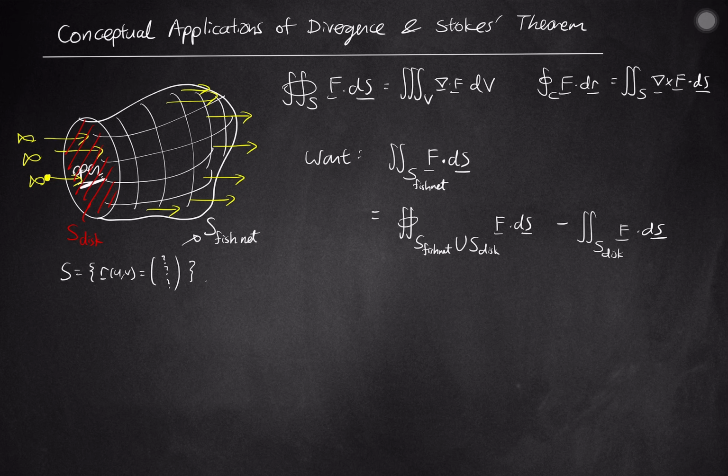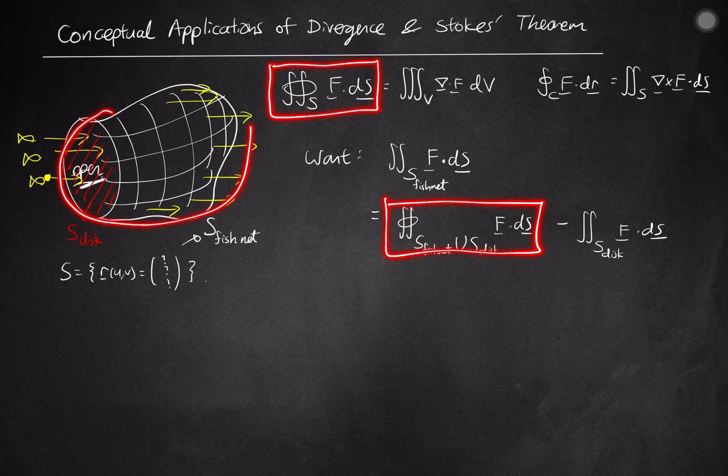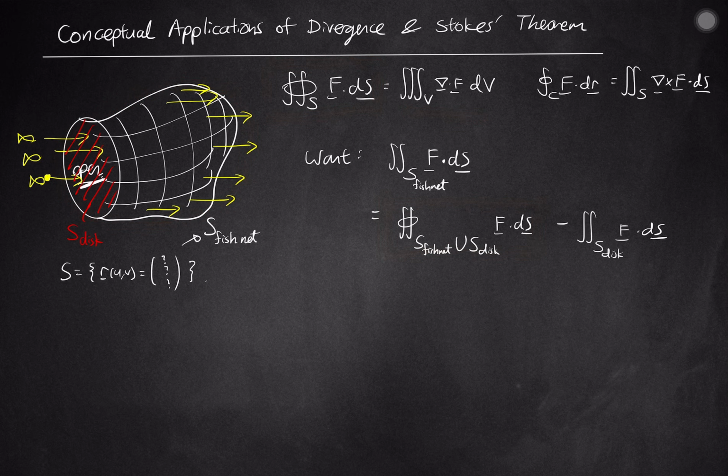Now this part is the same as this part. So I'm now doing a fully closed surface flux integral, and that equals the divergence. Now I can invoke the divergence theorem and replace that with the divergence of the vector field throughout the volume of the fishnet, the interior of the fishnet, and the disk term stays the same.